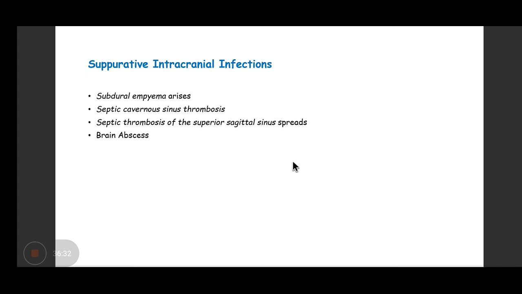For example, if there is surgery going on, and you can collect the sample, then you can collect a sample from the brain abscess. And in brain abscess, you should send the samples for anaerobic culture also, because many times brain abscess is caused by anaerobic organisms. If you send only aerobic culture, chances are that it will not come positive.